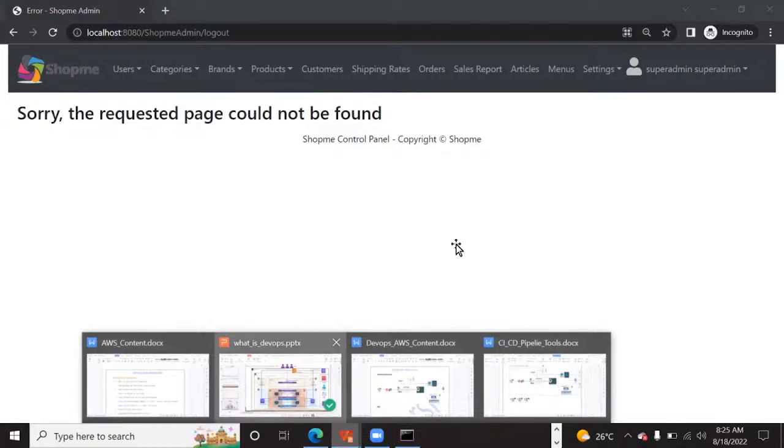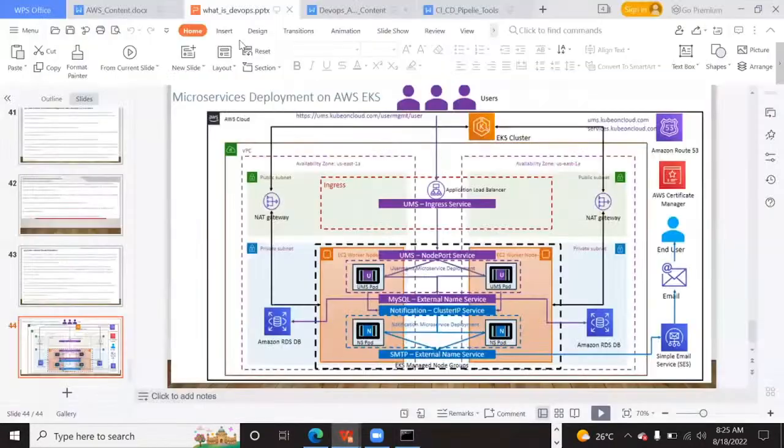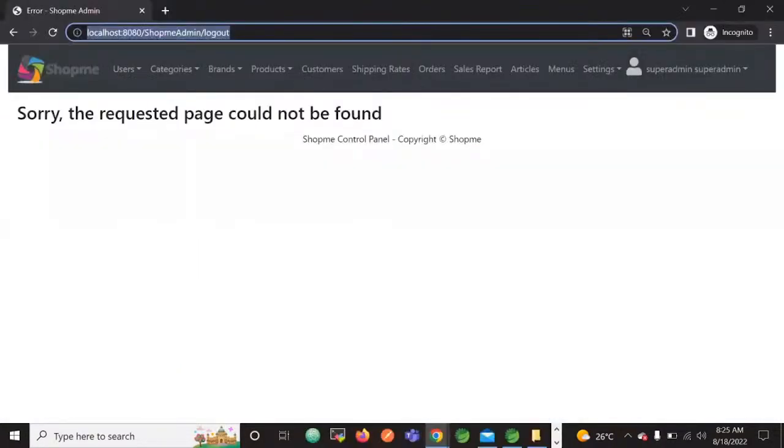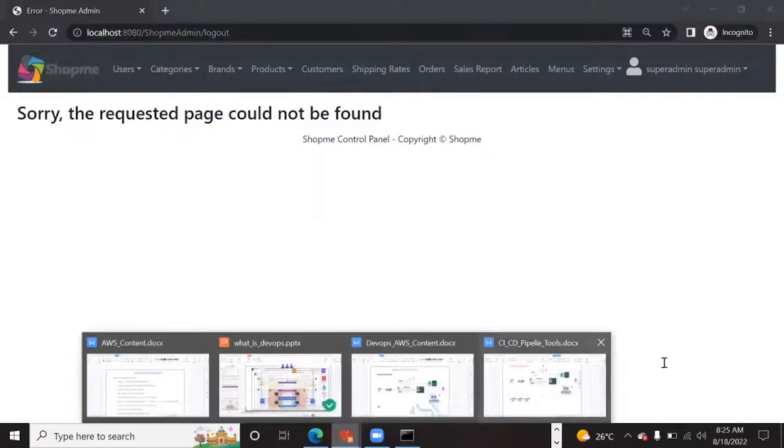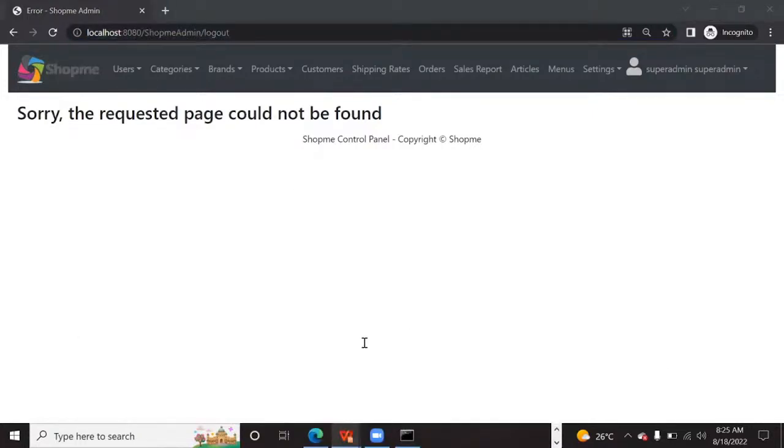Okay. Now, if you can see, we are accessing the application. The application is using the database. That means everything now we have to move from my laptop to the cloud. So in order to move from my laptop to the cloud, let us understand what we need to do first, isn't it?